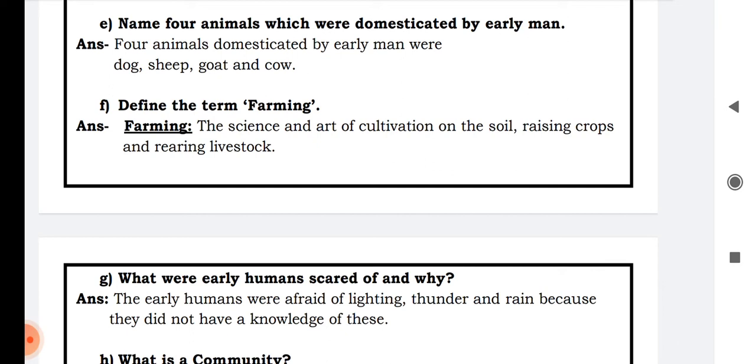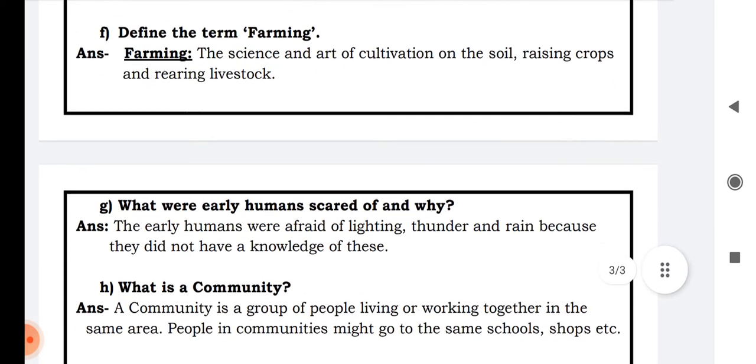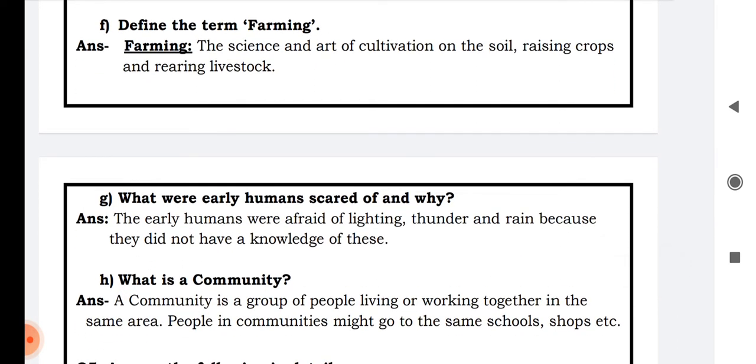Answer. 4 animals domesticated by early man were dog, sheep, goat, and cow. F. Define the term farming. Answer. The science and art of cultivation on the soil, raising crops, and rearing livestock.